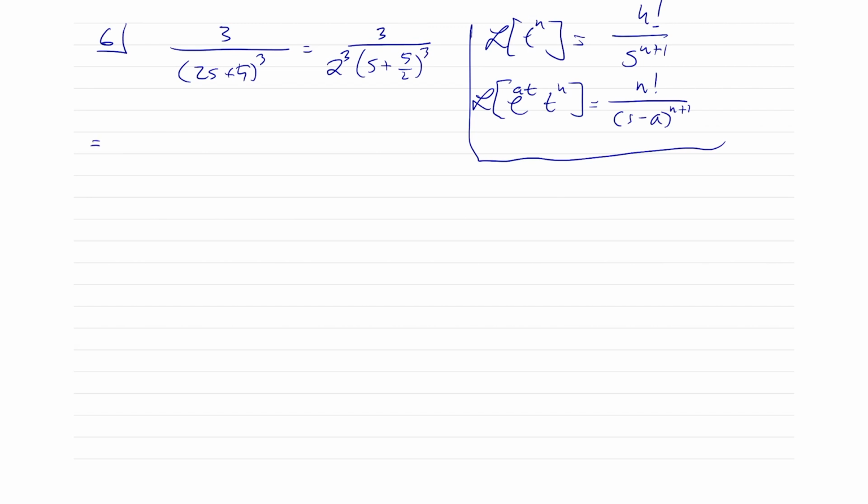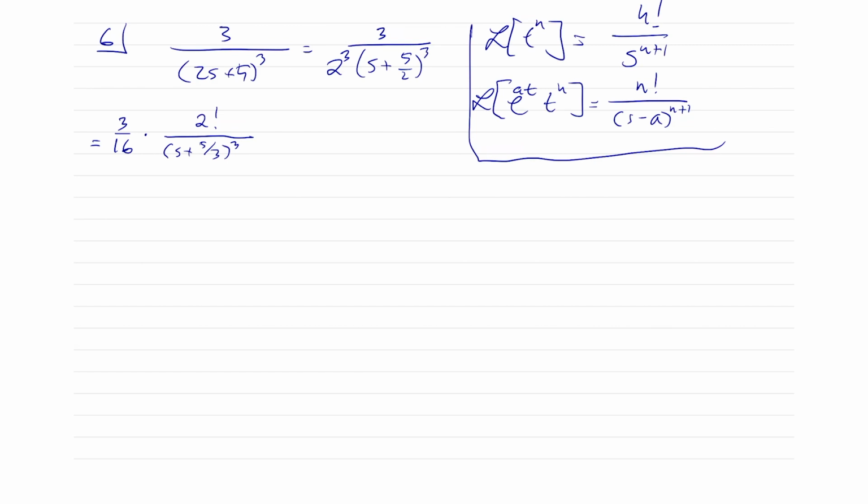And so then we have 3 over 8 times 1 over (s plus 5 halves) cubed. Now we don't want a 1 up there anymore. We want 2 factorial if it's going to work out. So it's going to be 2 factorial, and then we divide by 2, and that 8 becomes 16.